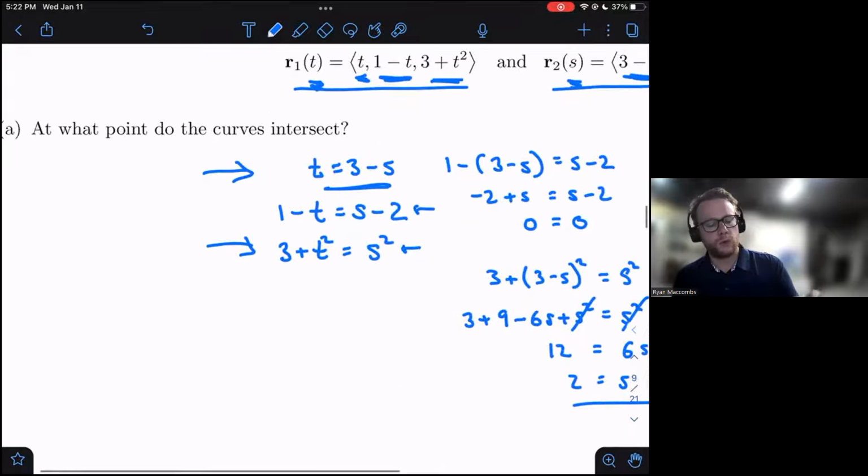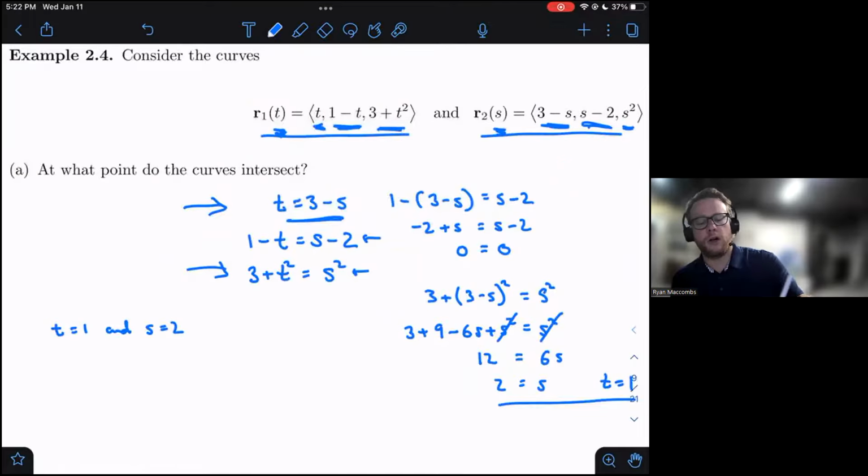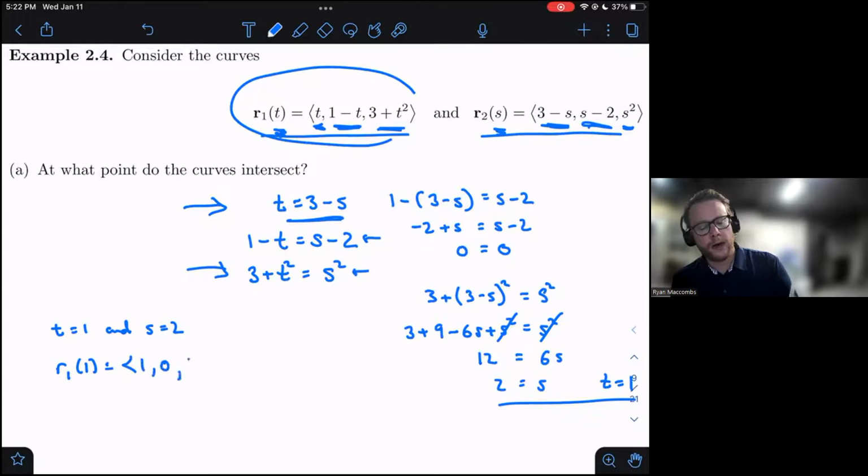So at t equals 1 and s equals 2, let's plug those into our 2 original equations. Looking at this one first, we have r1 at time 1 is going to be 1, 0, 4.